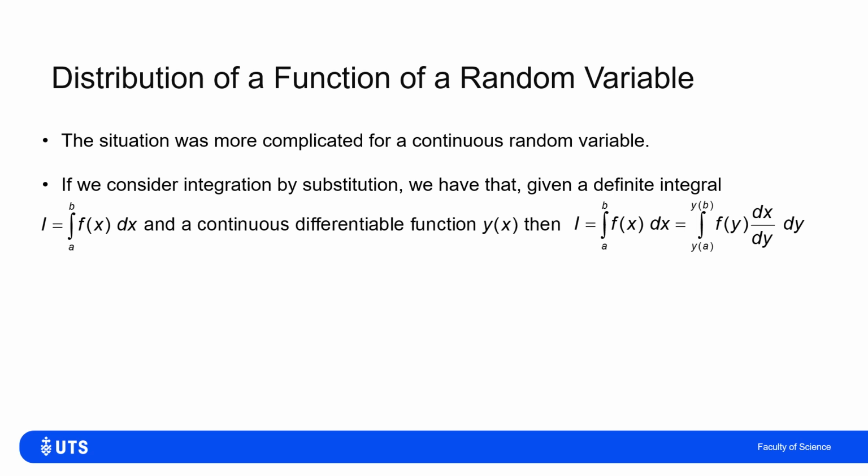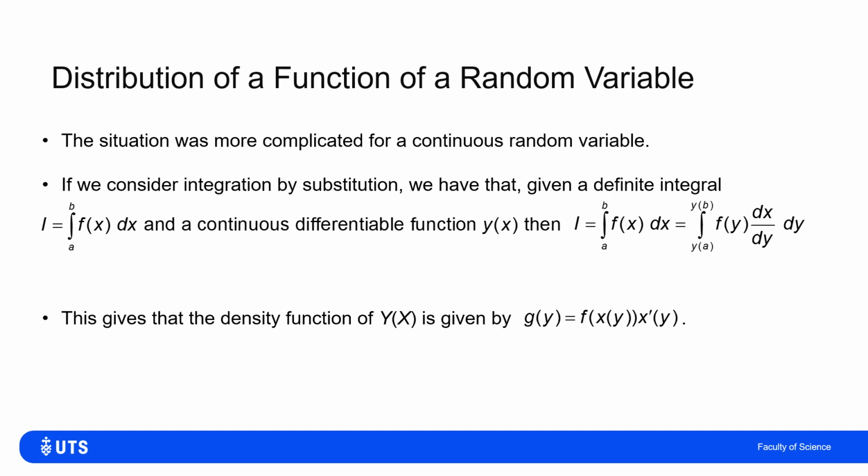If I then start using a function y of x, assuming this is differentiable, then the integral of f of x with respect to x between a and b would be equal to the function f of y integrated with respect to y, but I'd need to multiply by dx by dy, and I'd need to change the limits, not from a to b, but to y of a to y of b.